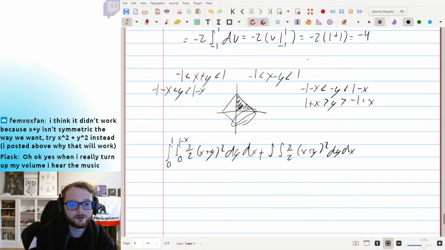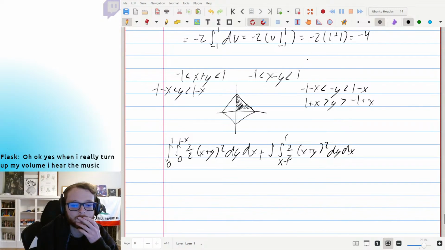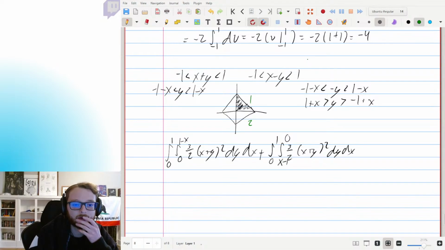That one down there is x minus 1 to 0, 0 to 1. I don't know why I'm going clockwise. That's kind of sacrilegious. But you can do this in 4 separate regions.